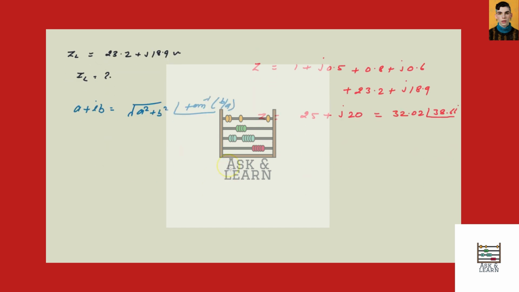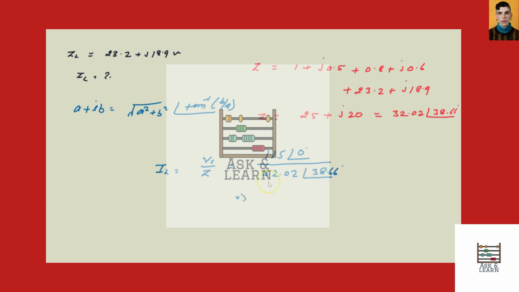Now we have to calculate the value of the load current IL. Then IL is given as Vs upon Z, where Vs equals 115 angle 0 degree, upon impedance Z equals 32.02 angle 38.66 degree.